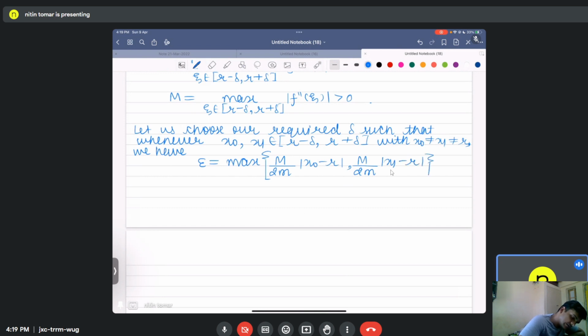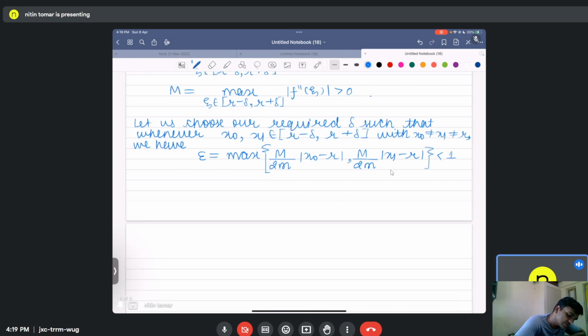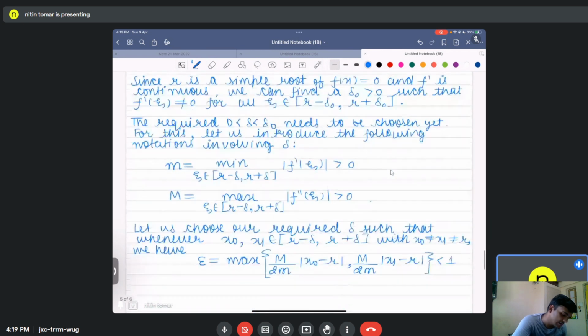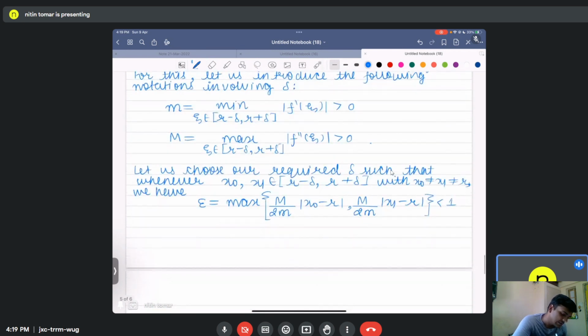This epsilon we choose, and this is strictly less than 1 obviously. Why? Because mod x0 minus r is less than delta, so you can choose delta small enough such that this epsilon turns out to be less than 1.